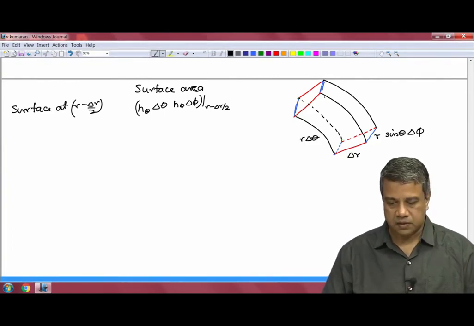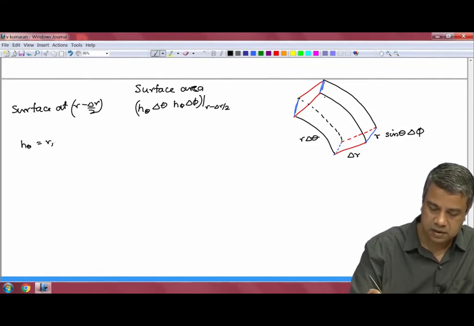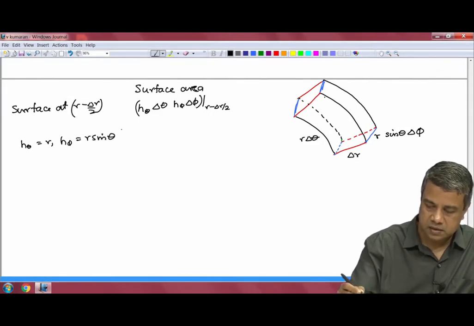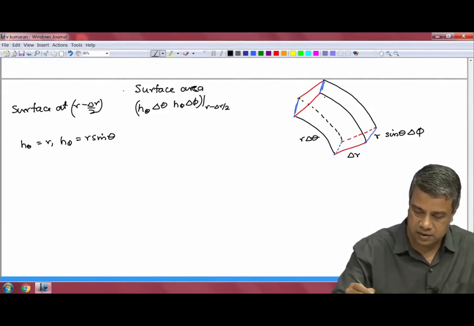Note that, if you recall, I told you that h theta was equal to r and h phi was equal to r sin theta. So, h theta and h phi do actually depend upon r, and that has to be taken into account in this calculation.